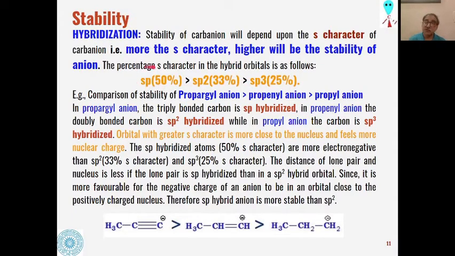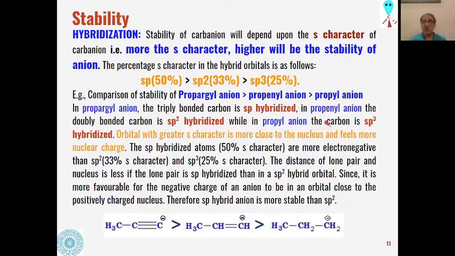So that means for the compounds from which the carbanions are generated having sp hybridization, because the s character is more, the stability of that anion will be more. That means acetylides, where the hybridization is sp, will be more stable. The anions produced by acetylides will be more stable as compared to the sp2 hybridized or sp3 hybridized carbon atoms.